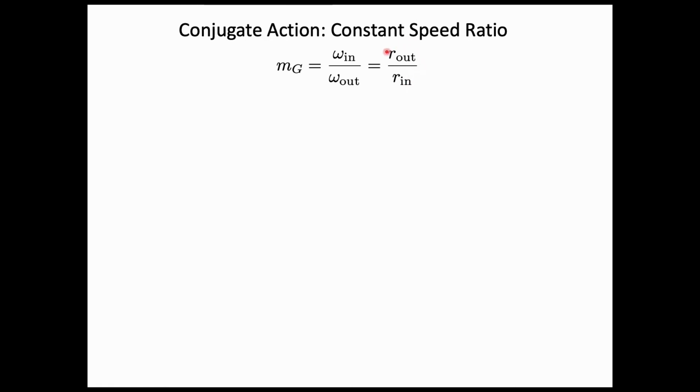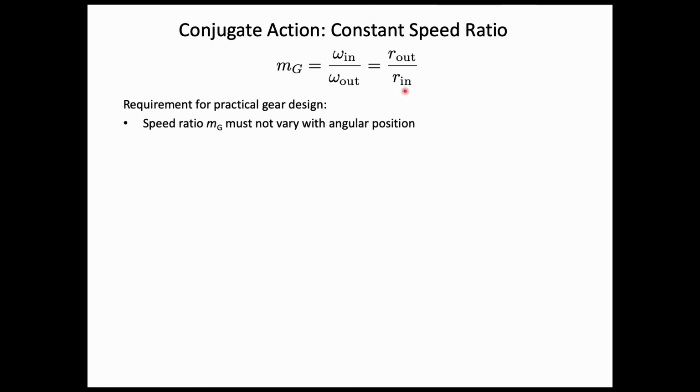And often in the textbook and other places, you may hear a slightly different terminology regarding input or output gear. Sometimes the input gear is simply referred to as the pinion, and the output gear is more simply referred to as the gear. A requirement for practical gear design is to have a constant speed ratio.